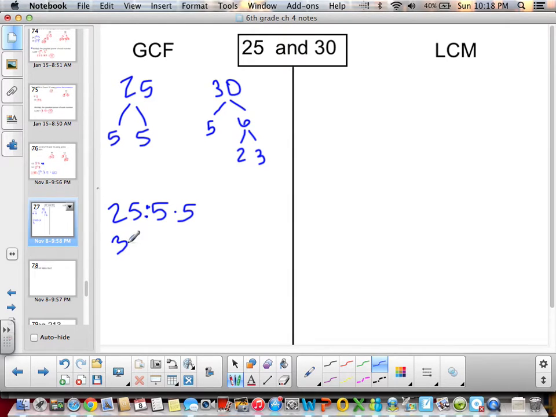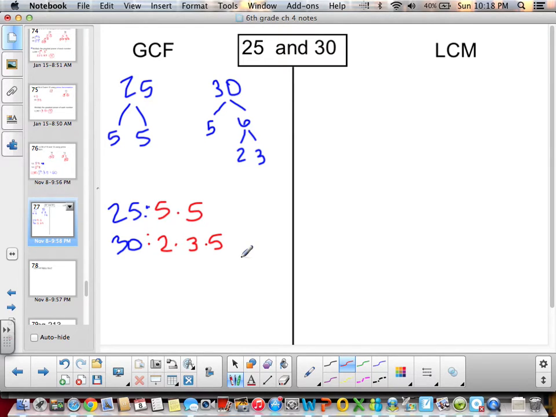For 30, okay, we need to write this in a different color so we can see it here. Okay, 25 is 5 times 5, so notice how I'm writing it out without exponents. 30 is 2 times 3 times 5.